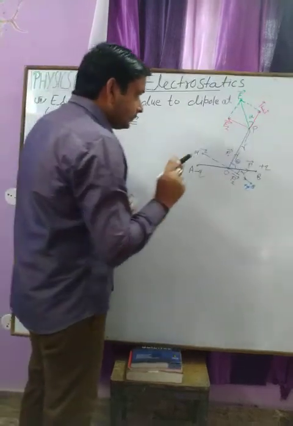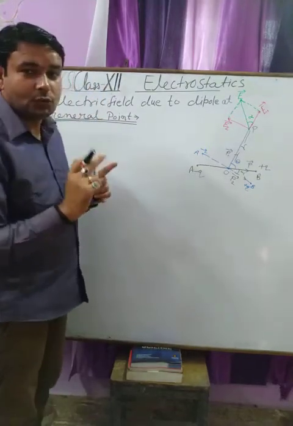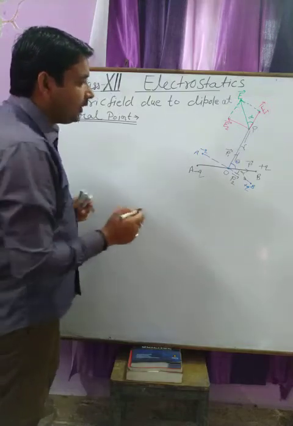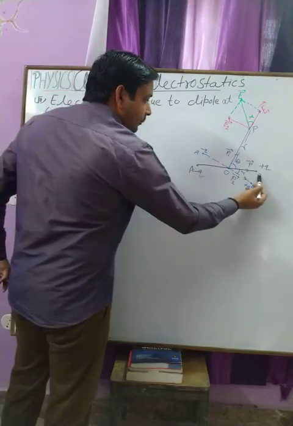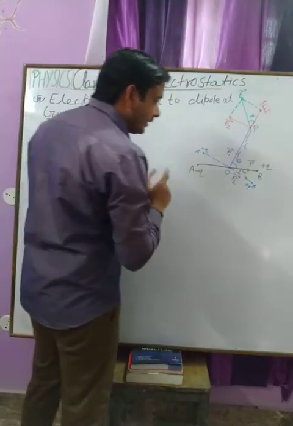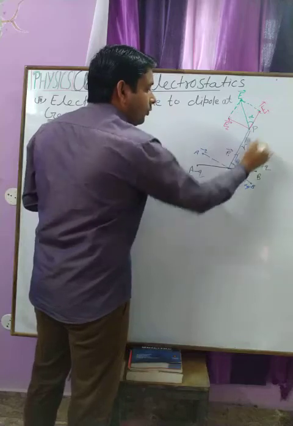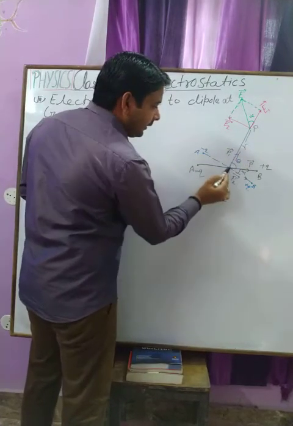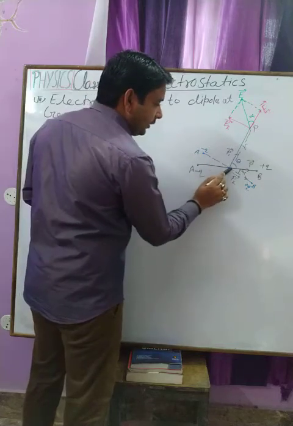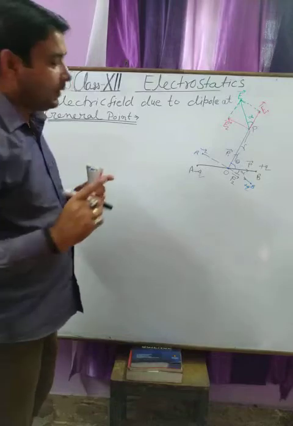So we can resolve this vector, or we can use the rectangular vector components of this electric dipole moment P. Now we take P1 in the direction of OP and P2, the dipole moment P2, in the direction of OB, which is its actual direction.